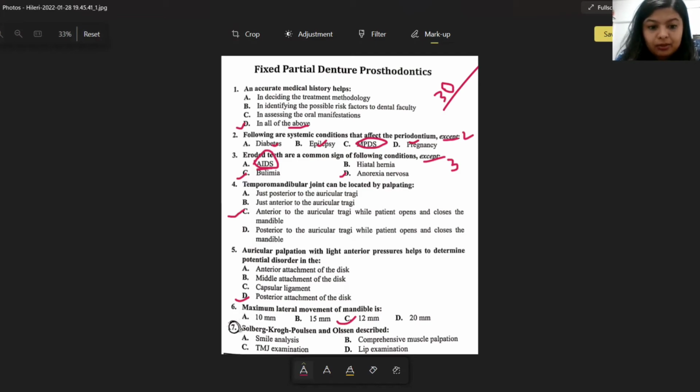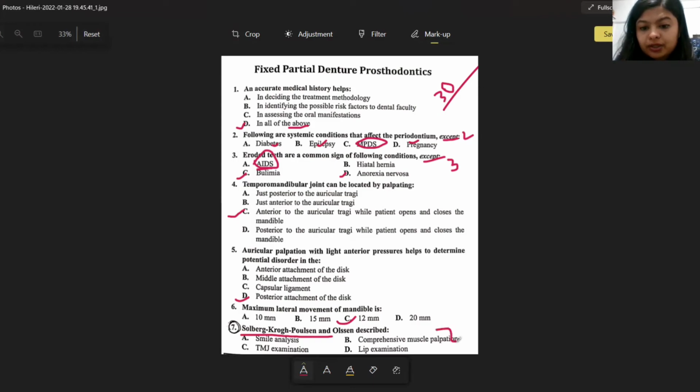Now, the last MCQ, that Solberg, Krog, Paulson, and Olson described. Abhi, I have never heard about these authors. Okay, so the question is completely unknown to me, but I know what is smile analysis, what is TMJ, lip examination, and comprehensive muscle palpation, but absolutely I have no clue in this question.